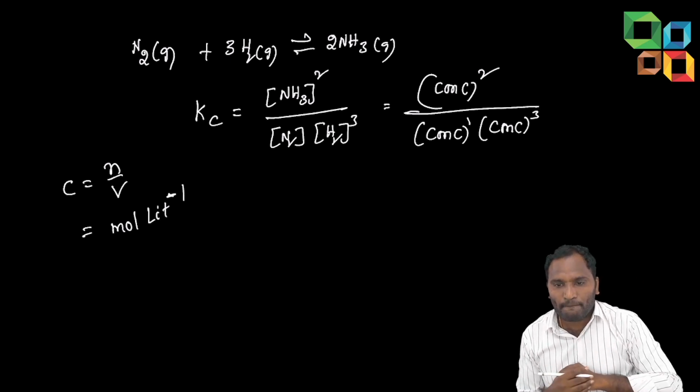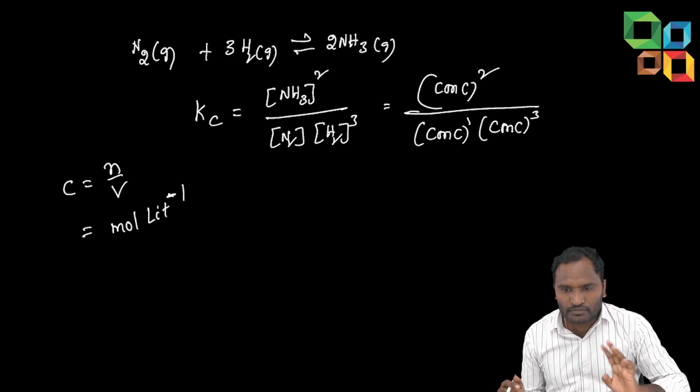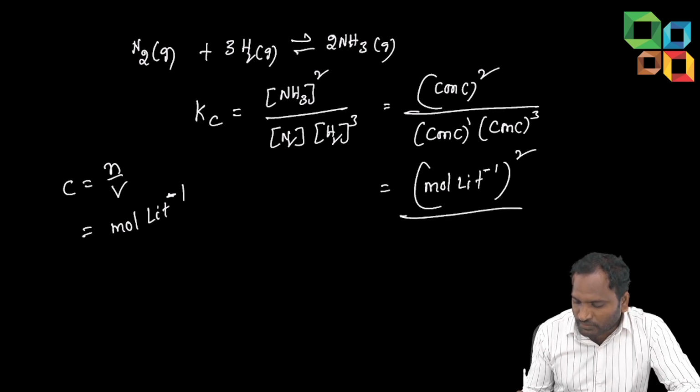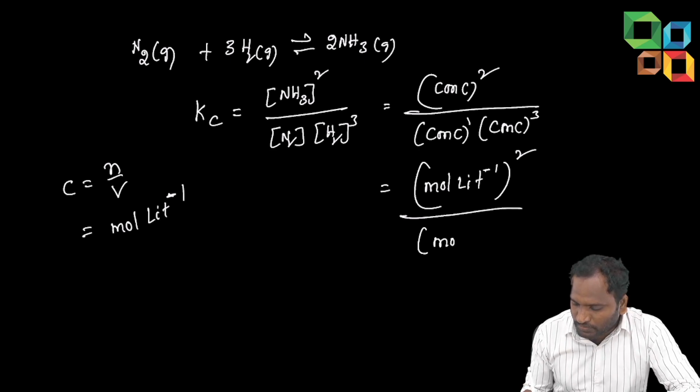Substitute mole per liter whole square by 1 plus 3, 4, mole per liter whole to the power 4.